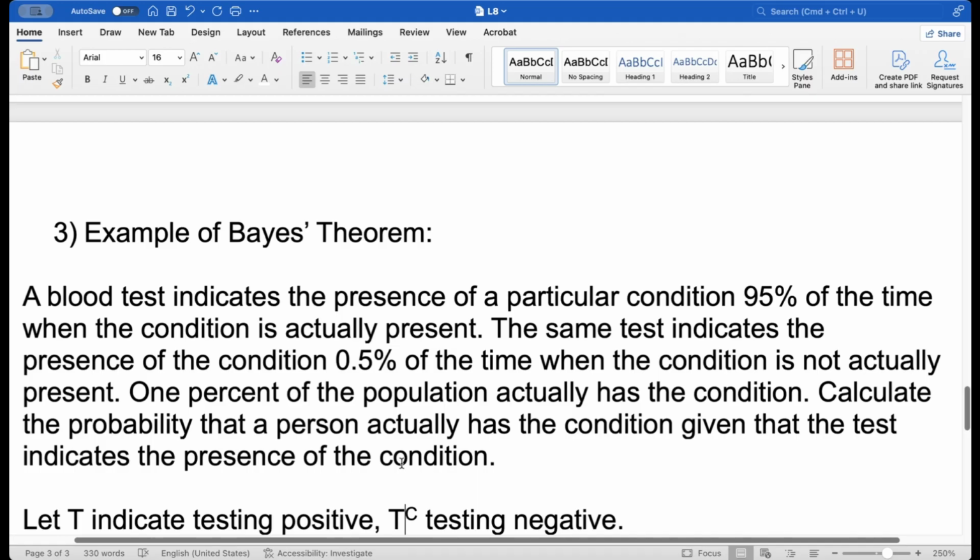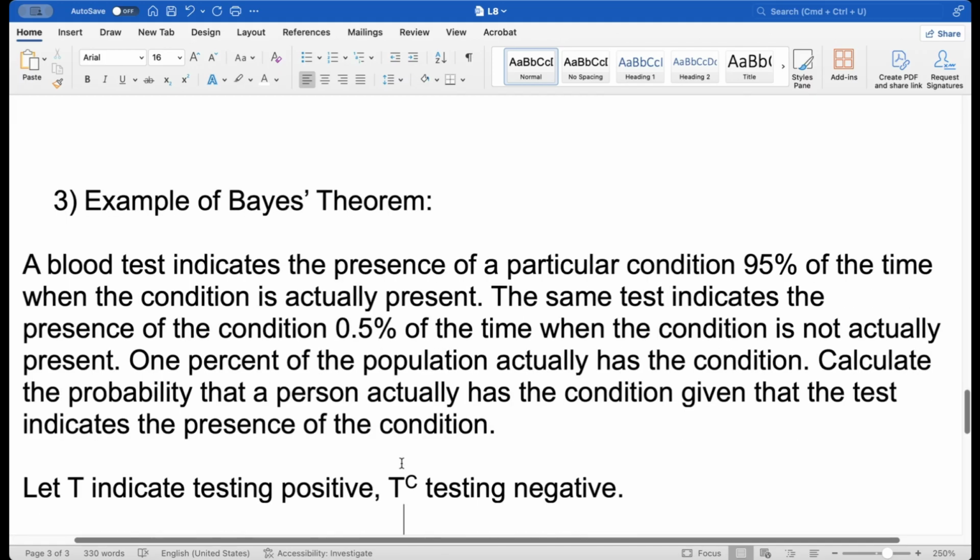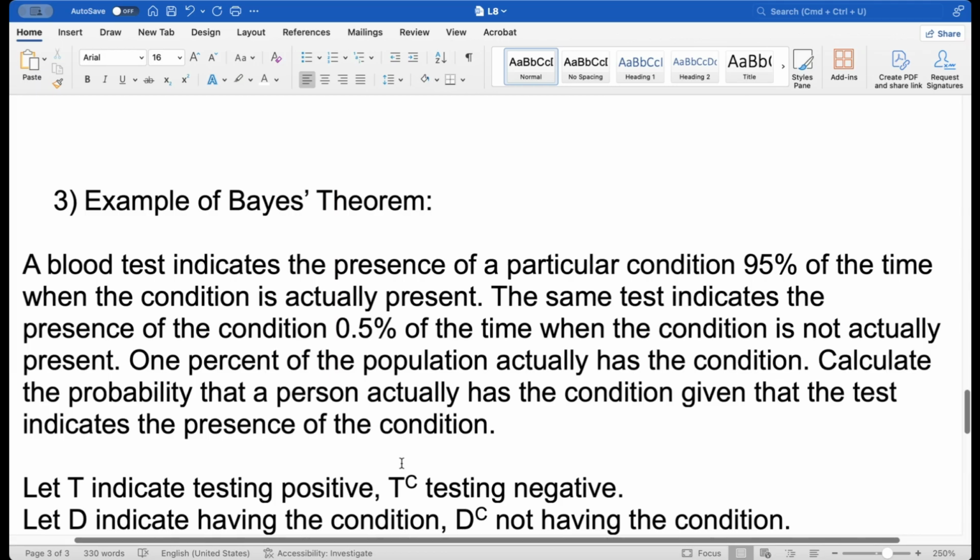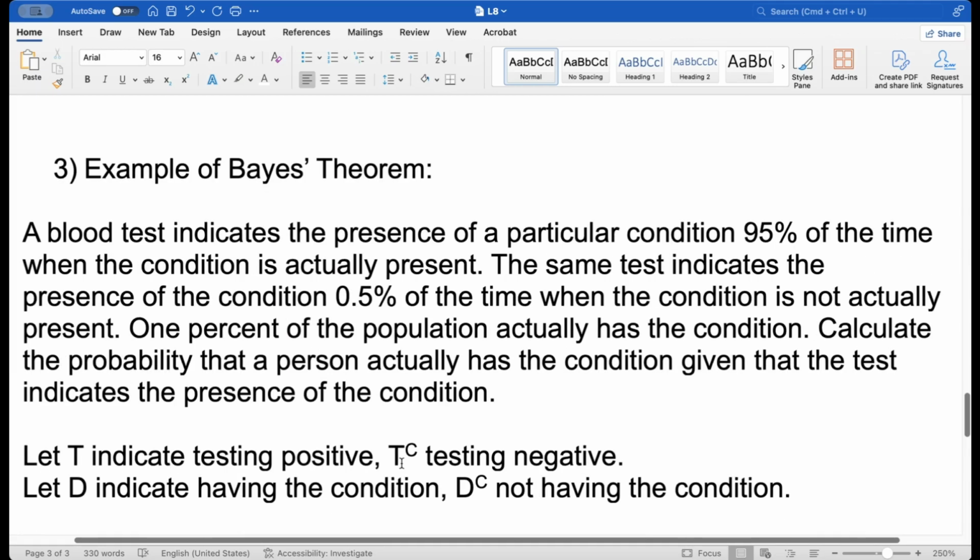Positive test. So let T indicate testing positive. The complement of that, T with a superscript C, is testing negative. Let D indicate having the condition. D complement, not having the condition. So the 95% is a conditional probability. It's telling us that the probability of testing positive given the condition is present is 95%, or 0.95.